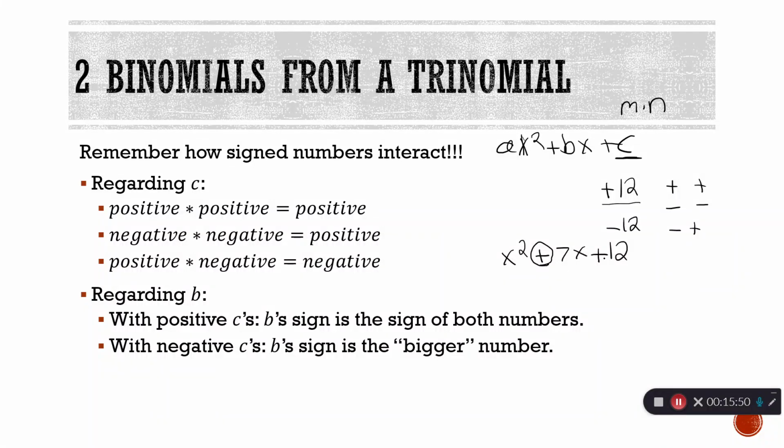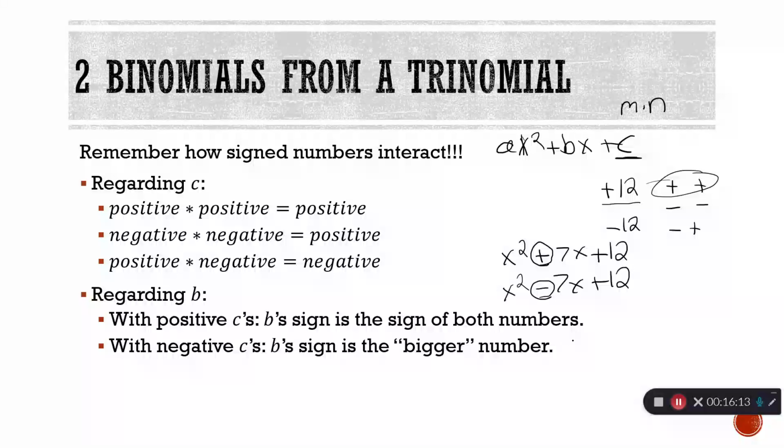So positive 12 means both are the same sign, and this is a positive, so it's going to be two positive numbers. If you had this positive 12, so both are the same sign, but this is a negative, it means both my numbers are going to be negative.